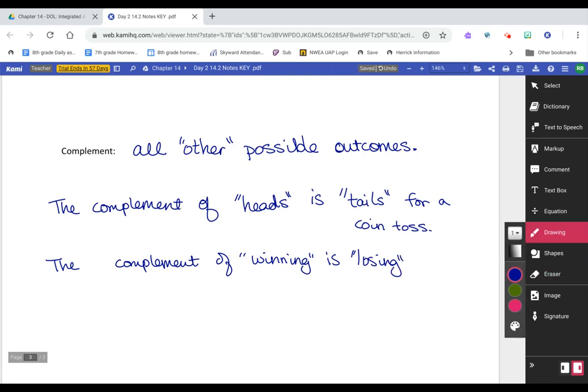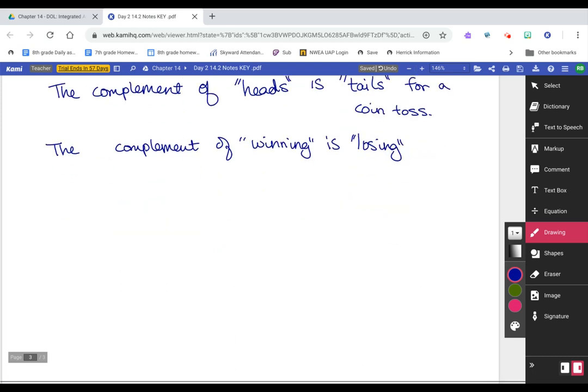What you also need to understand is that if there are two events, event A and event B, and they are complementary to each other, then one or the other is certain to occur. So the probability of A plus the probability of B occurring would equal 1.